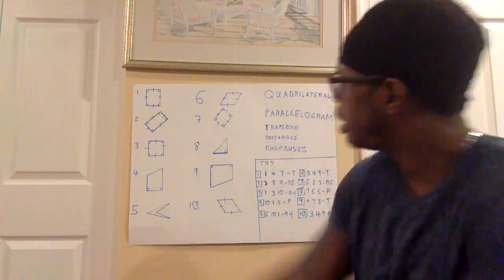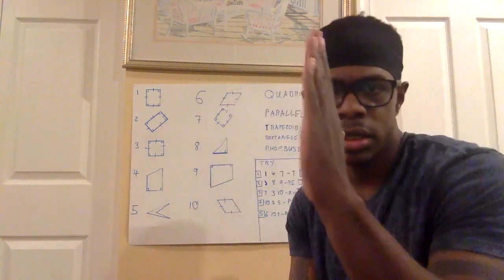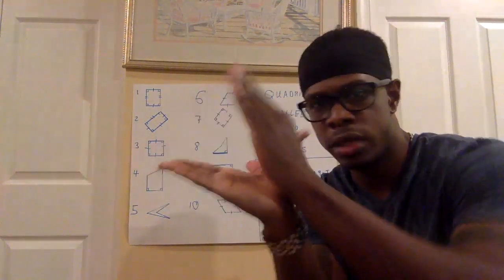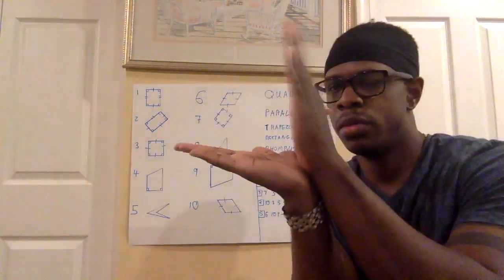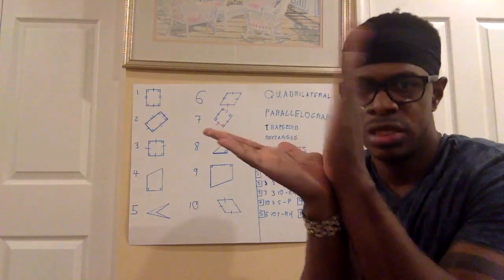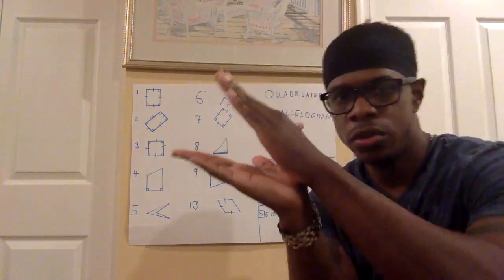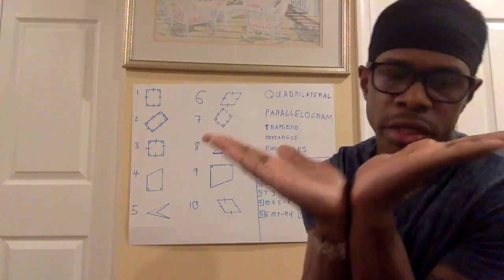What that means is the acute, we went over acute, is anything less than 90 degrees, so like between 1 degree and 89. And then obtuse is anywhere greater, from 91 all the way to 179. So acute is less than 90, obtuse is greater than 90, but less than 180.